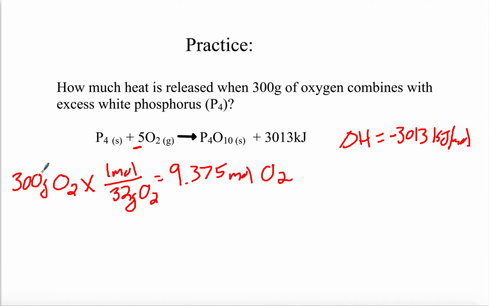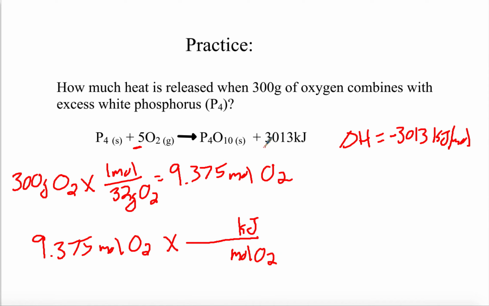So let's set this up using dimensional analysis. We've got 9.375 moles of oxygen times, in the end, we want to know our kilojoules. We currently have moles of O2.